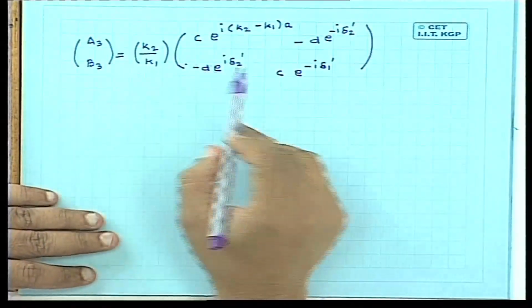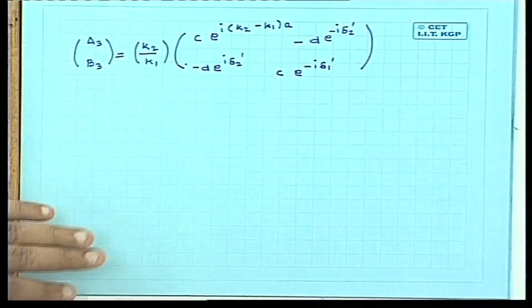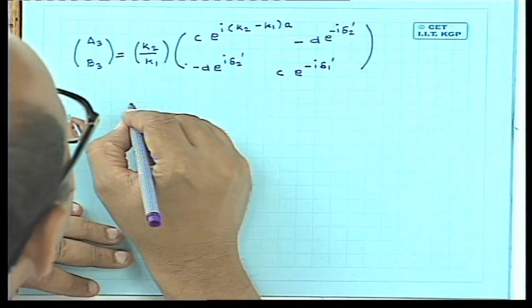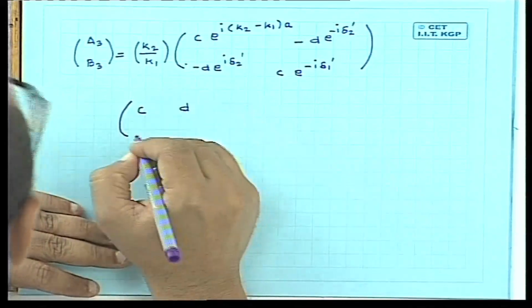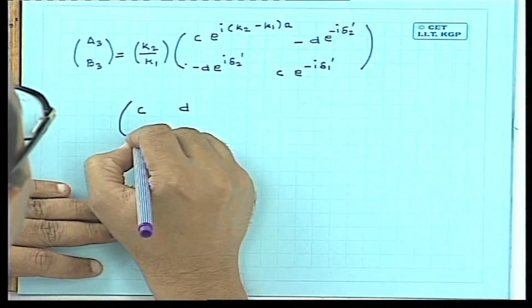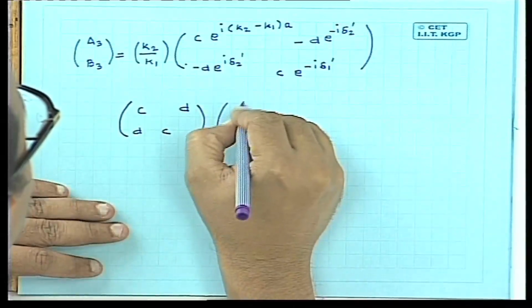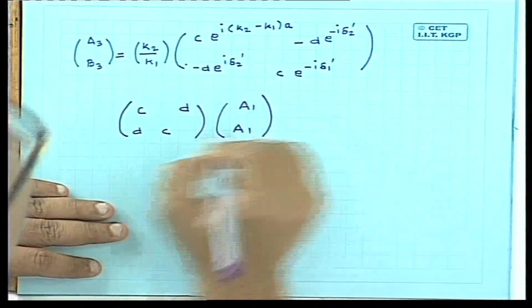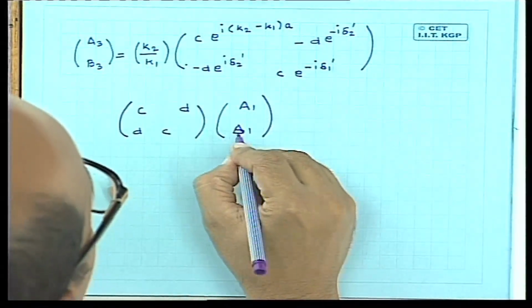So this is A3 in terms of A2 and B2. Let me also plug in the expression for A2 and B2 here. This into C D, D C, A1 B1, A1 and B1.